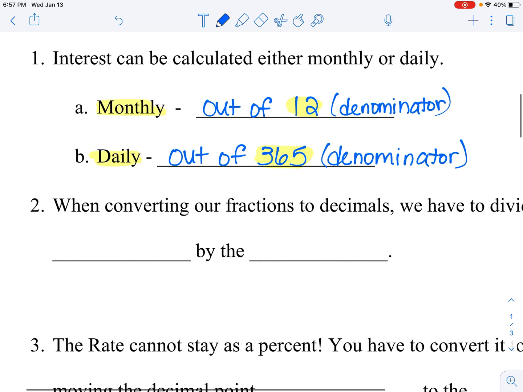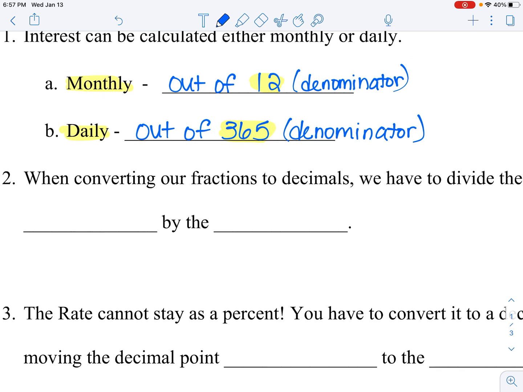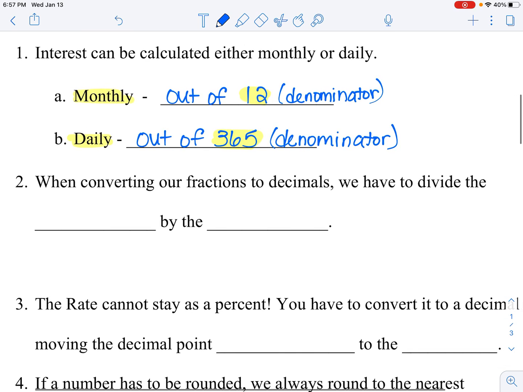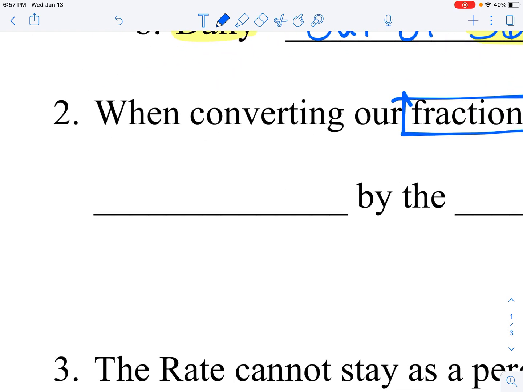All right, next, number 2. When converting our fractions to decimals, we have to divide the what? When we're converting our fractions into decimals, this is what we did yesterday, what are the 2 numbers that we have to divide? We could say it's the number on top, but that has its own name. That's called the numerator.